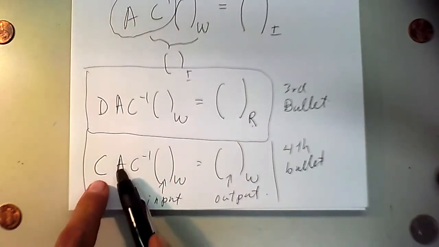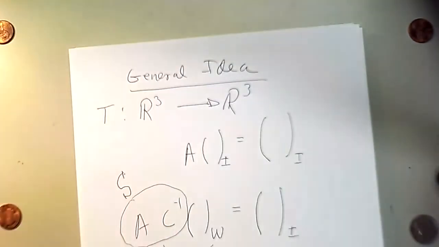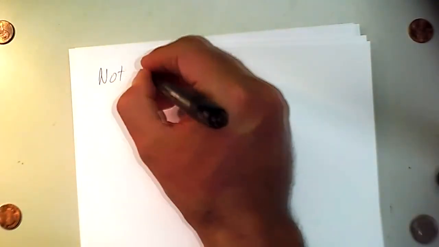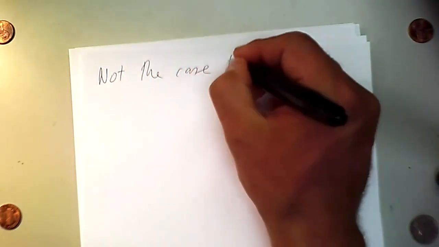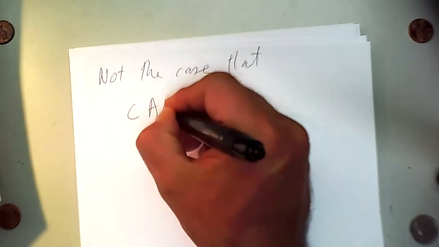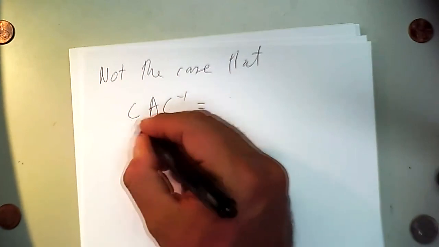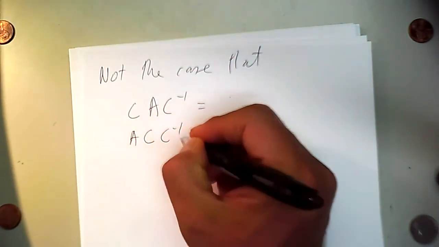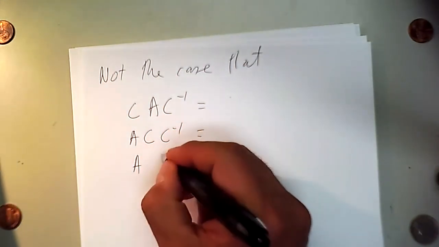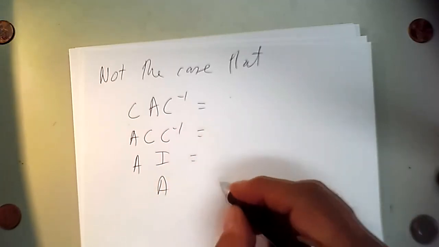And by the way, matrices are not commutative. So it is not the case in general that somebody could say, well, if I'm doing C A C inverse, why don't I just commute those two? So A C C inverse, and that is equal to A times, well, C times C inverse is the identity, which is true, and that is just A. Of course, that's false.